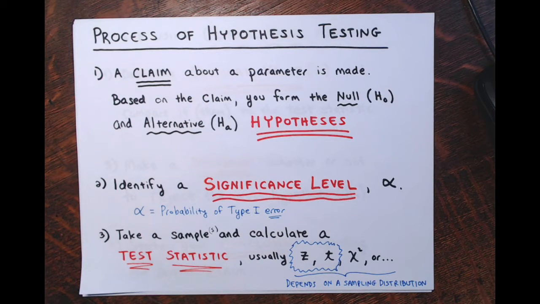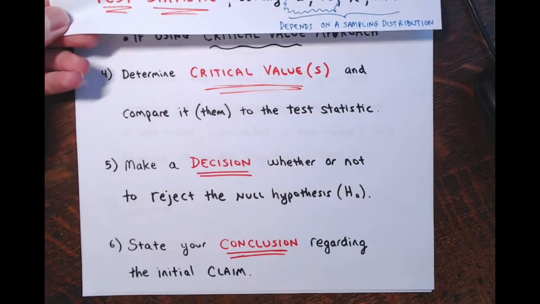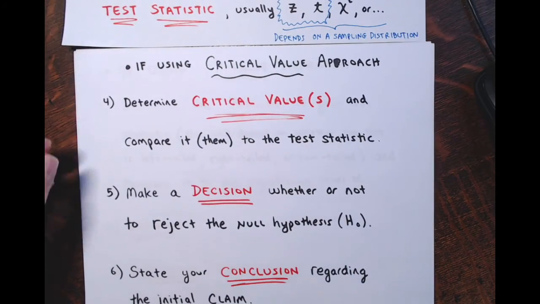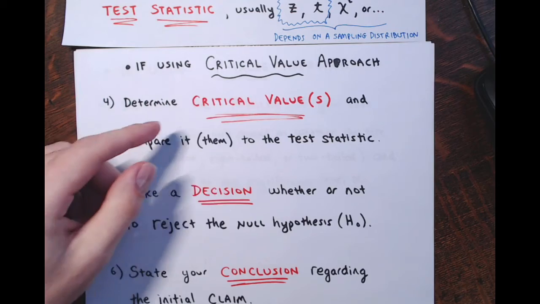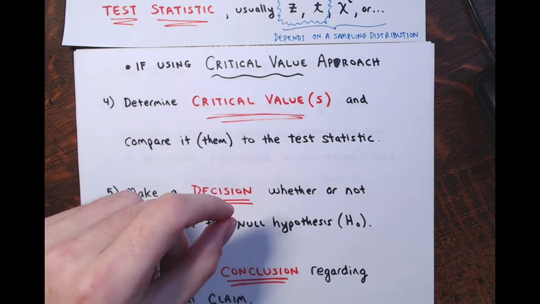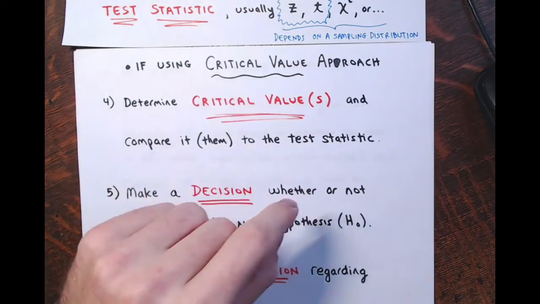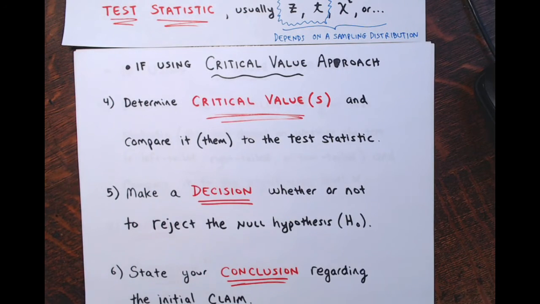After this test statistic for your sample is calculated, you have one of two options. You can either do the critical value approach to hypothesis testing or the p-value approach. If you're doing the critical value approach, the fourth step would be to determine the critical value, or critical values, for the particular sampling distribution we're looking at.